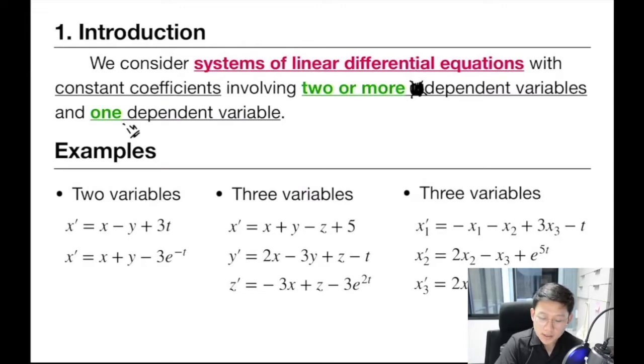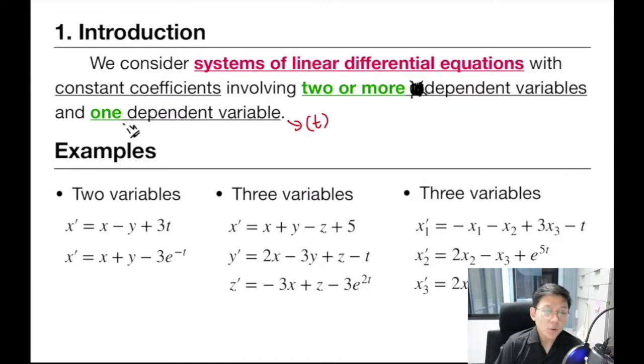In our course, we usually denote the single independent variable by t. It's not necessary, but to make it easy, in this whole course we usually denote the independent variable by t. If you don't remember what dependent and independent variables are, just go back to the first video of the first chapter, when I gave you the introduction to ODEs.